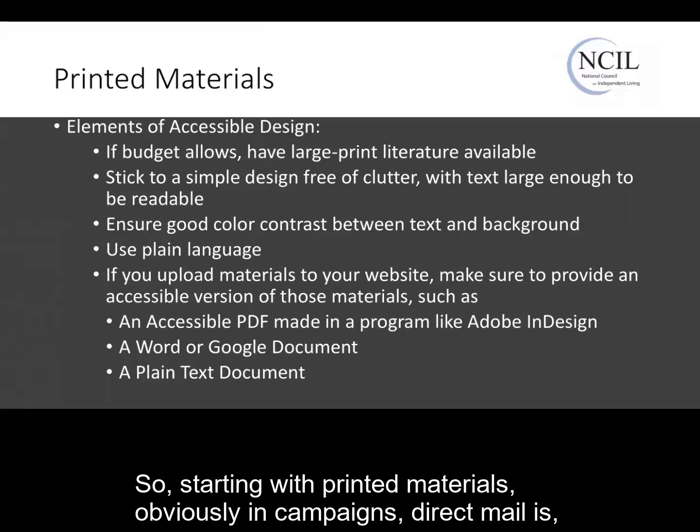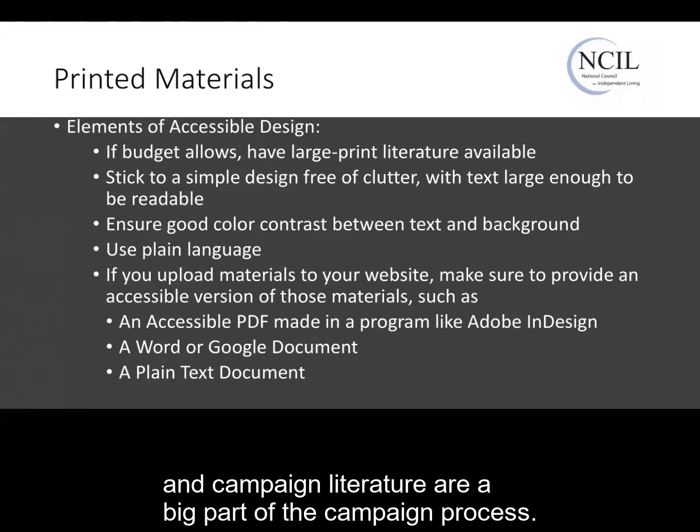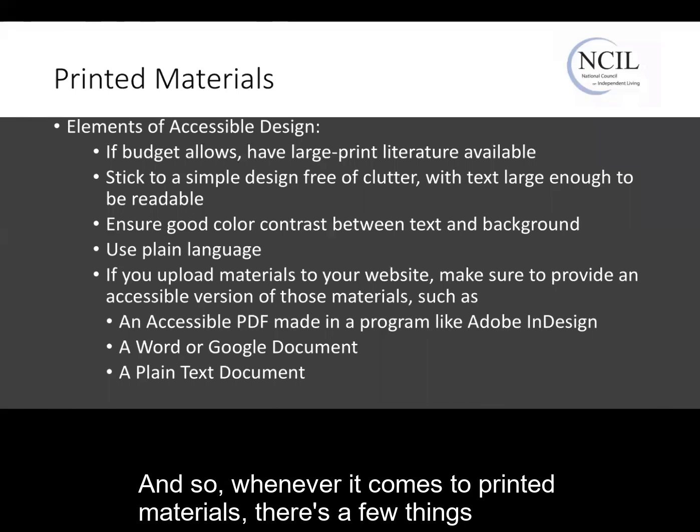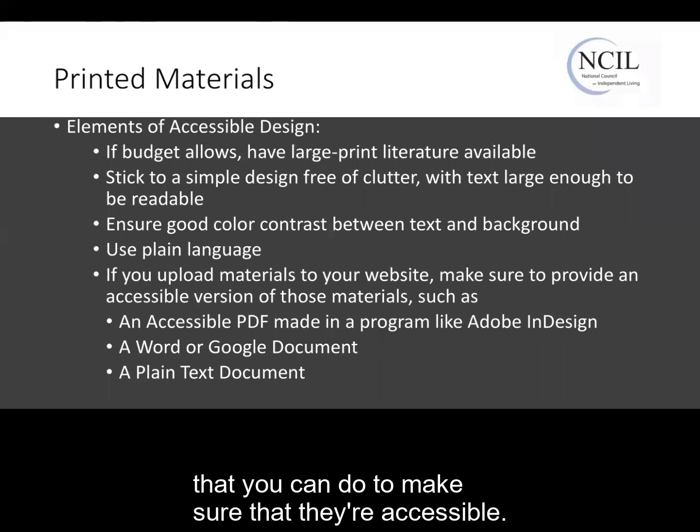So starting with printed materials, obviously in campaigns, direct mail and campaign literature are a big part of the campaign process. And so whenever it comes to printed materials, there's a few things that you can do to make sure that they're accessible.